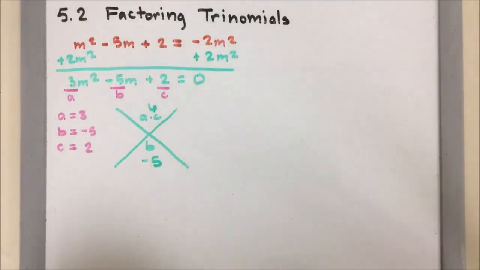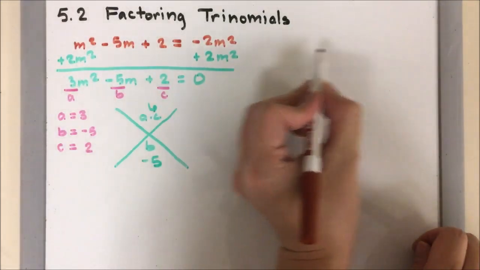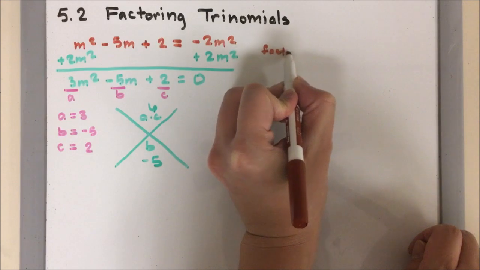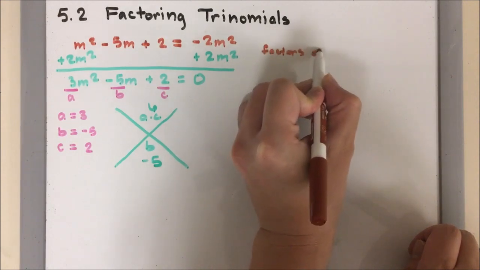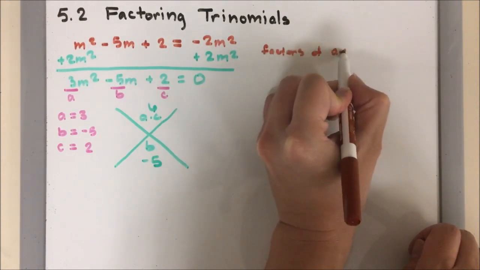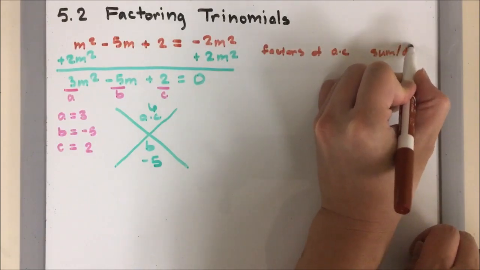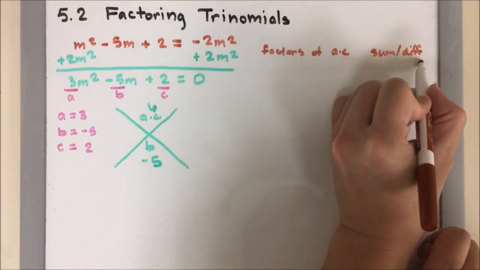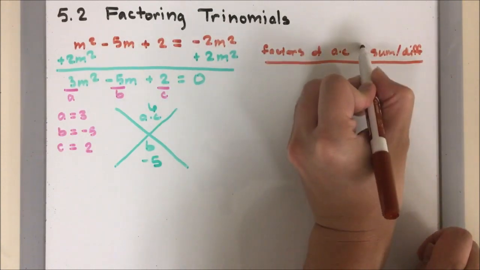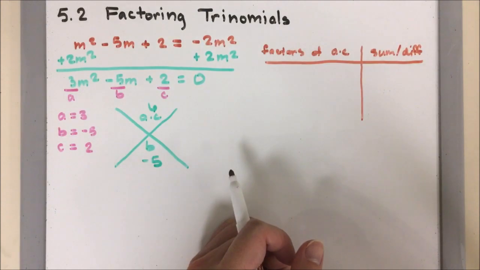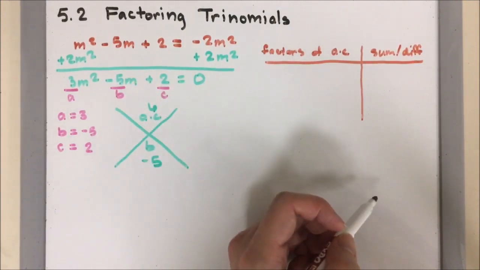Alright, so now I'm going to set up my chart over here: factors of A times C, and then sum or difference. So let's take a look at factors of positive 6.